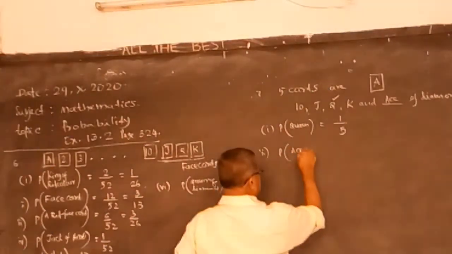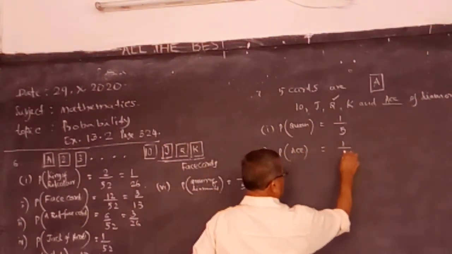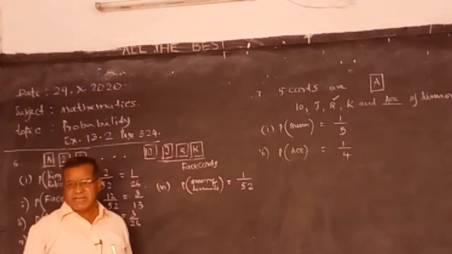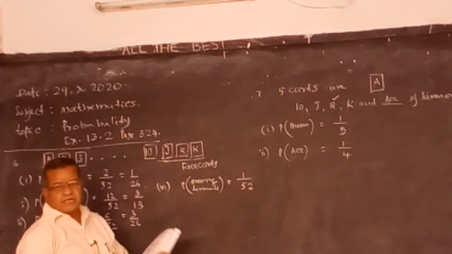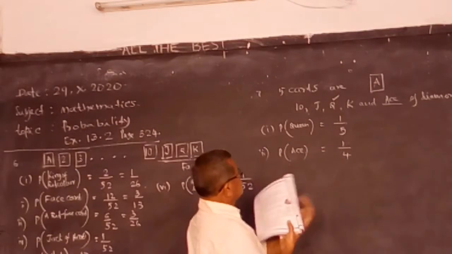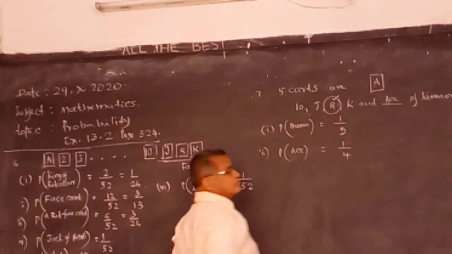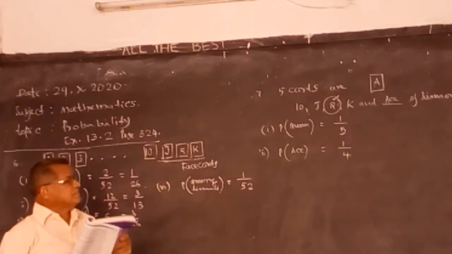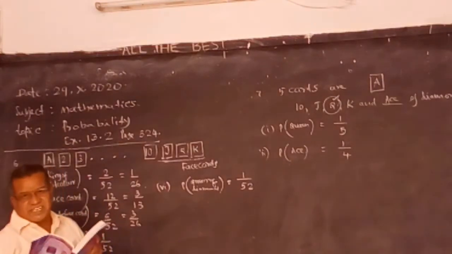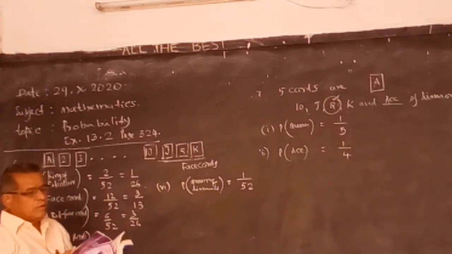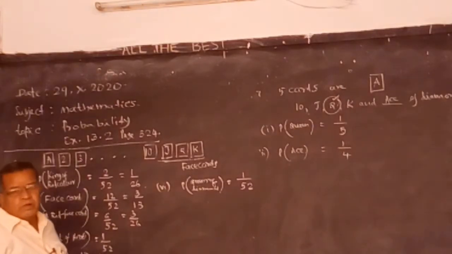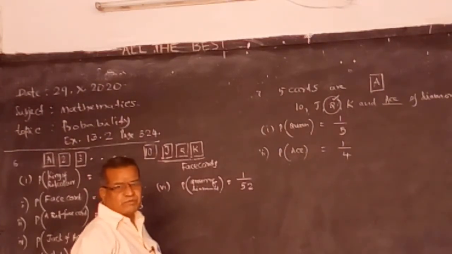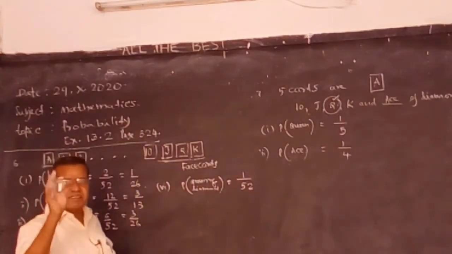Probability of ace: only one ace is there out of 4, because one card, the queen, is kept aside and not mixed with these. So number of favorable outcomes 1 by total number of outcomes 4, because one card is kept outside.